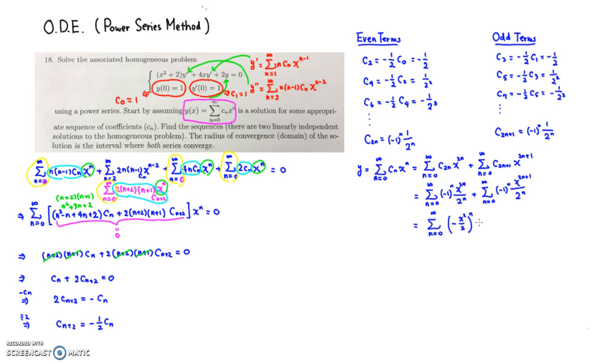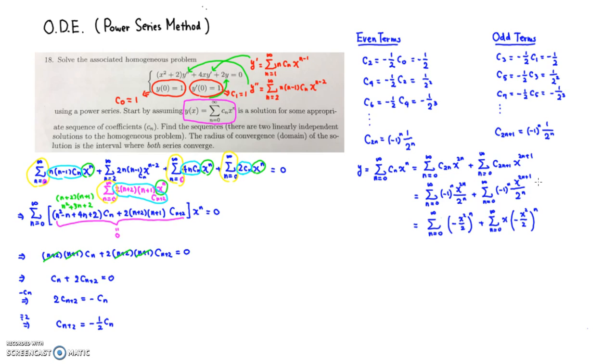And for this one, I'm going to pull out the one x so that you would have x to the 2n, and do the same thing as before: negative x squared over 2 to the nth power.